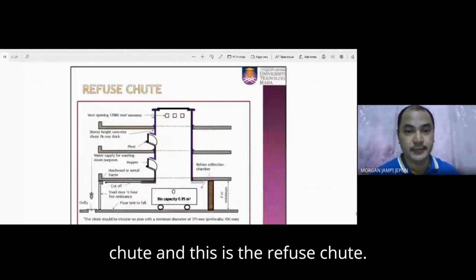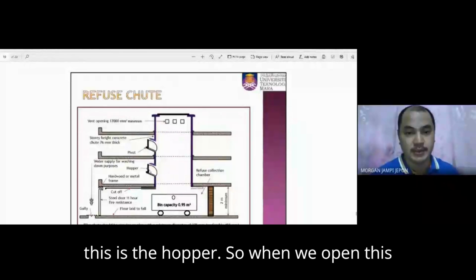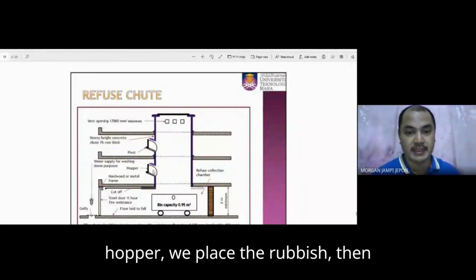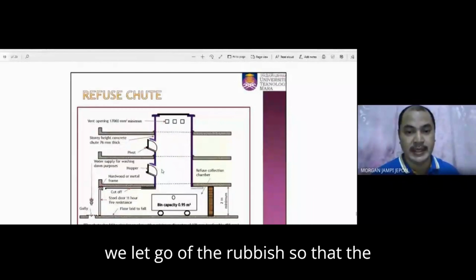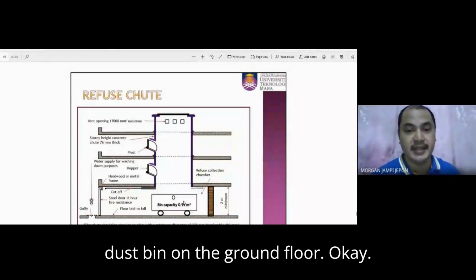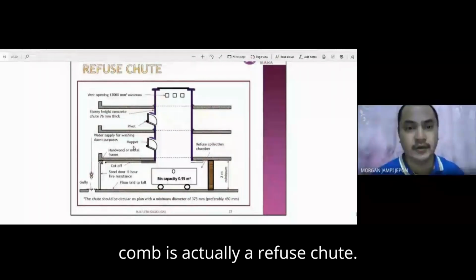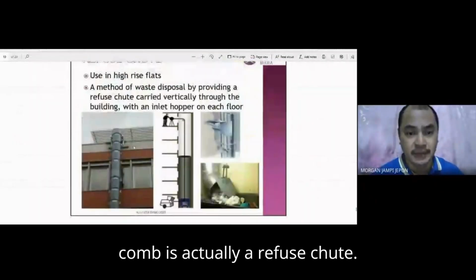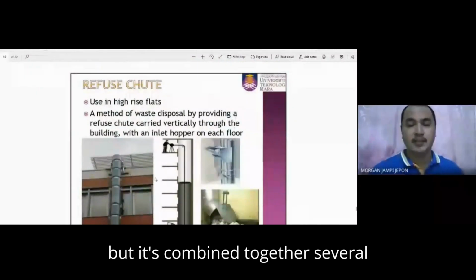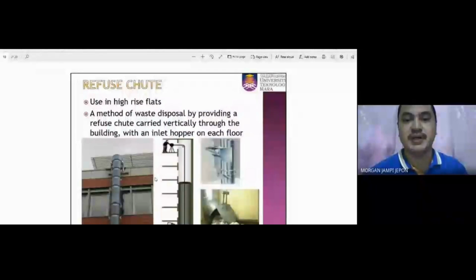Okay, this is the refuse chute. This is the pivot, and this is the hopper. When we open this hopper, we place the rubbish, then we let go so that the rubbish will fall down to the big dustbin on the ground floor. And Technocum is actually a refuse chute, but it combines several buildings into one collection chamber.